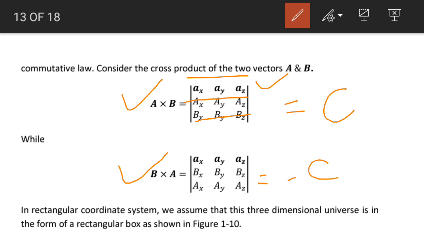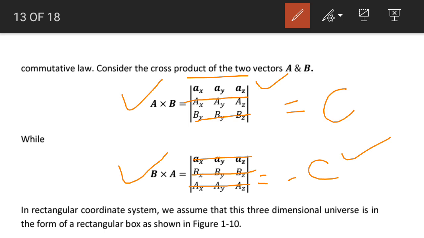You see, in the first row, we have all the three unit vectors of the rectangular coordinate system, that is Ax, Ay, and Az. In the second row, now we have the x component of B, the y component of B, the z component of B. And in the third row, we have the x component of A, y component of A, and z component of A, and the expansion of this determinant will give you minus C. Why?